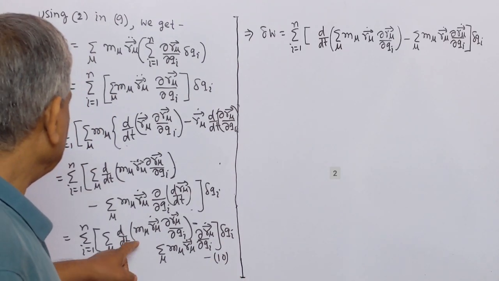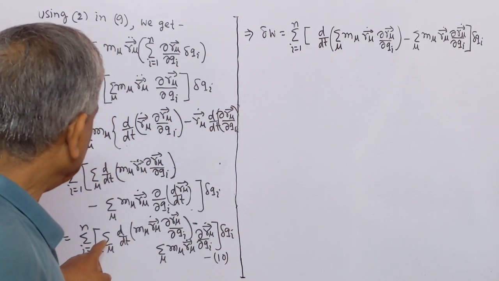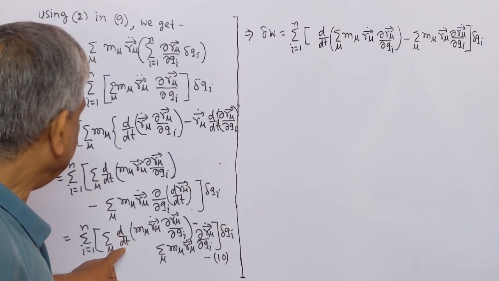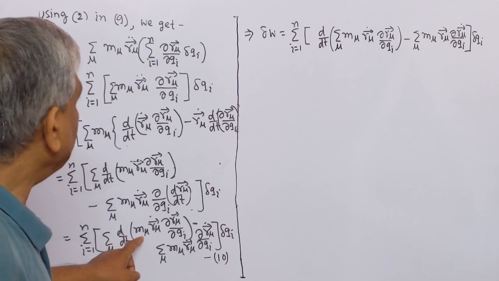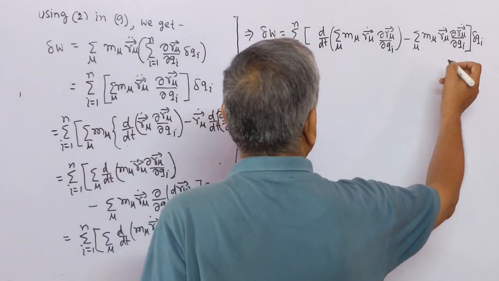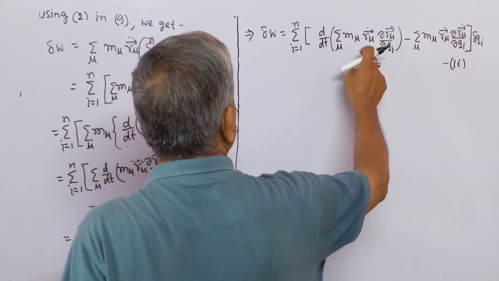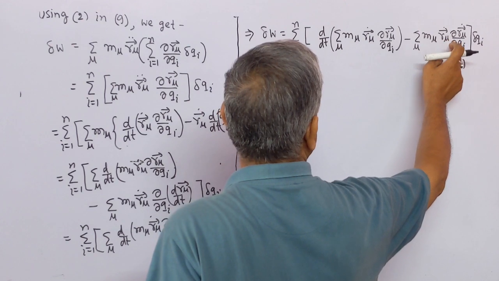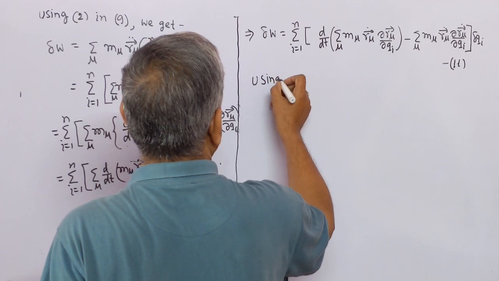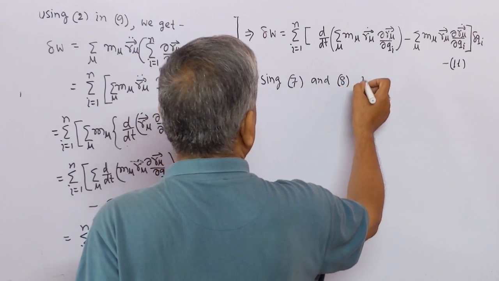We may write equation 10 here. Here we have sigma mu. We write d by dt first, then we write sigma mu here, and other term remains same. This is number 11. We put this value from 7 and this value from 8, using 7 and 8 in 11.